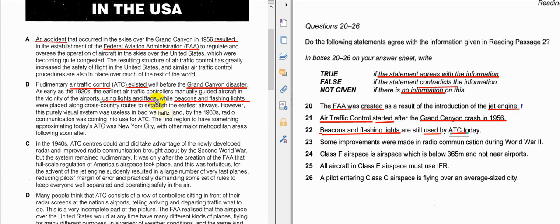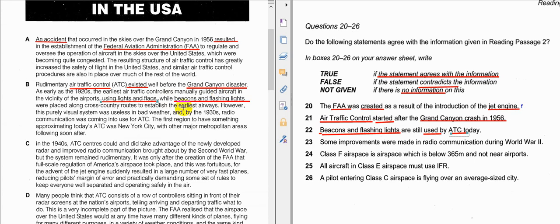So as you can see immediately here, you get the sense that you don't have the information. It doesn't really say if beacons and flashing lights are still used by ATC. Right? It doesn't say until when. Okay, so in that sense, we have missing information. And if you're still unsure of this, you can keep going until the end of the passage, not the next paragraph, just until the end of the passage.